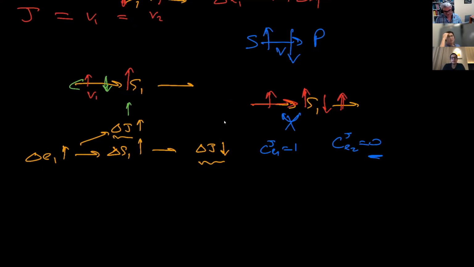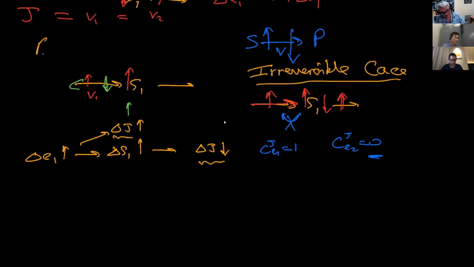I thought if you increase E2, then S1 goes down. It does, but it doesn't inform the first step, because the rate depends on S0. This is the irreversible case. This is the reversible case.